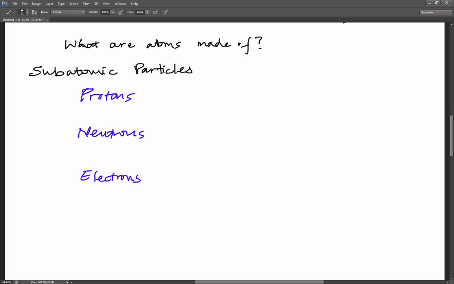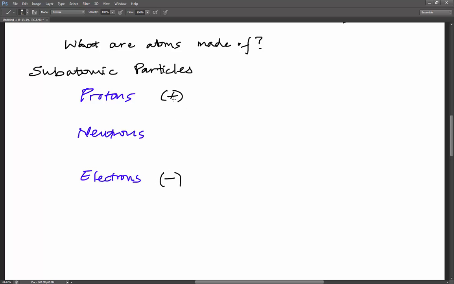So for instance, protons are positively charged particles. They have a charge of +1 relative to the other particles. So it's not actually useful for me to say they have a positive charge. You might say positive how much? Because we can actually measure charge. And we're just going to say, relatively speaking, protons have a positive charge, +1.